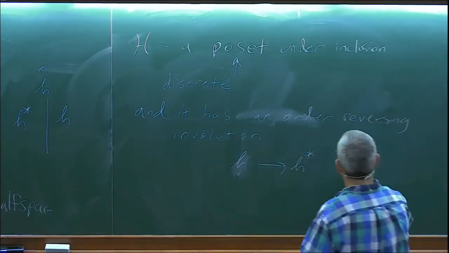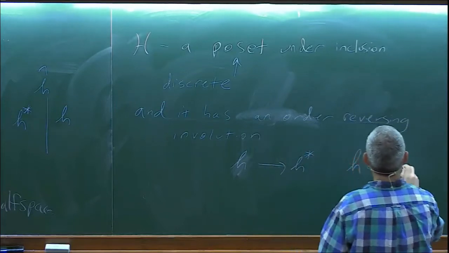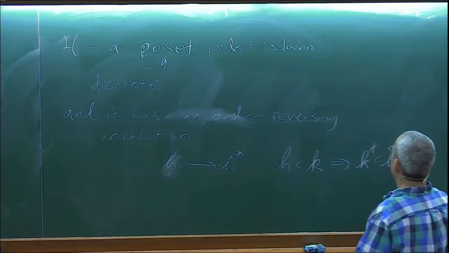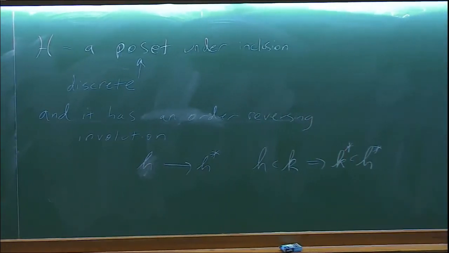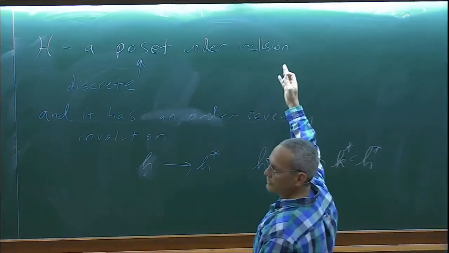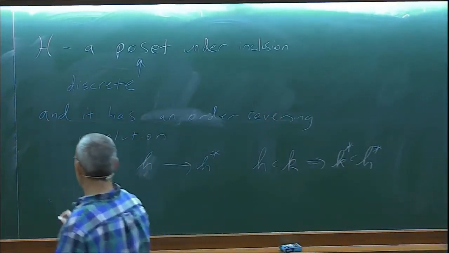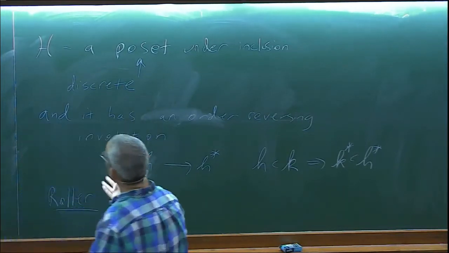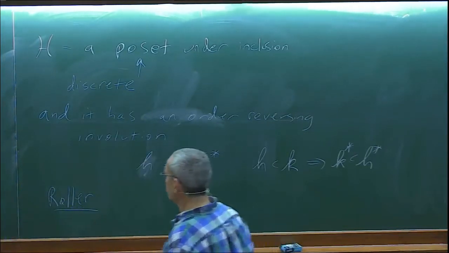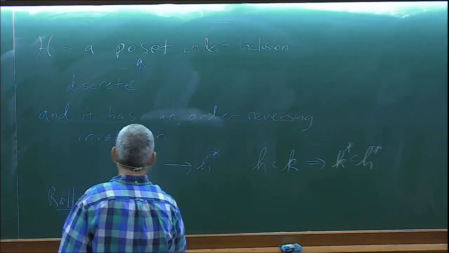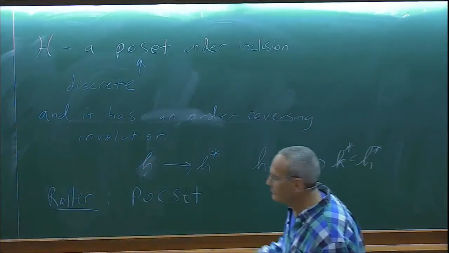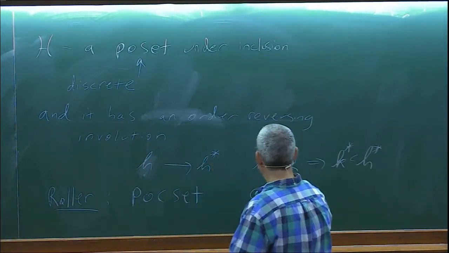So if h is contained in k, then this implies that k star is contained in h star. So that's a certain notion that Roller looked at, just this combinatorial thing, and called it a POC set. Okay, so it's a poset with complementation. So C is complementation.